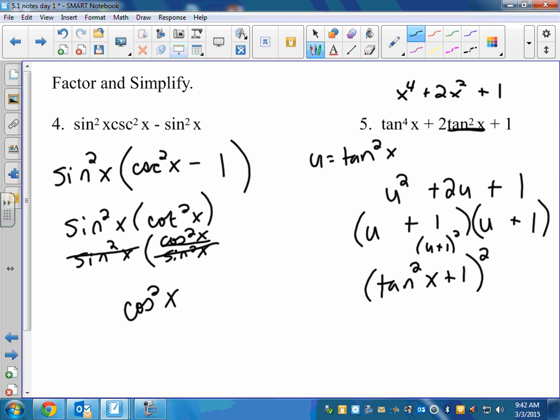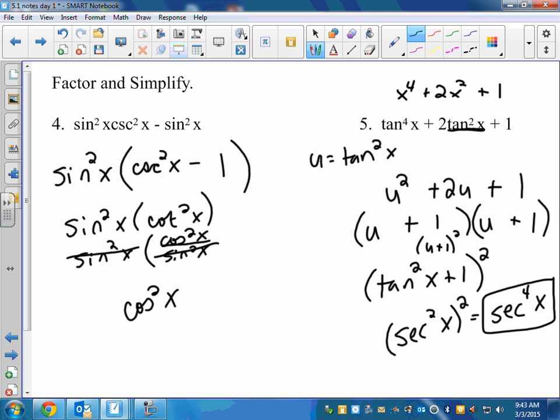Anytime you see a squared trig function, look at those Pythagorean identities. Does tangent squared x plus 1 equal anything? 1 plus tangent squared equals secant squared x. And really it's like secant squared x twice. So could I just say that's secant to the 4th x?